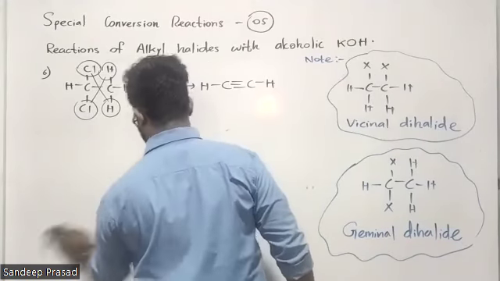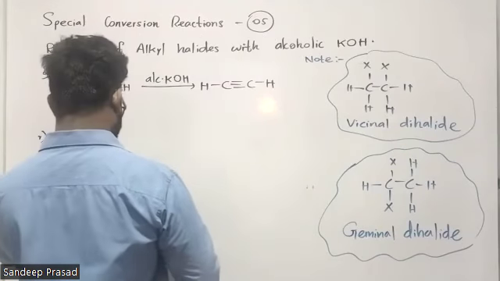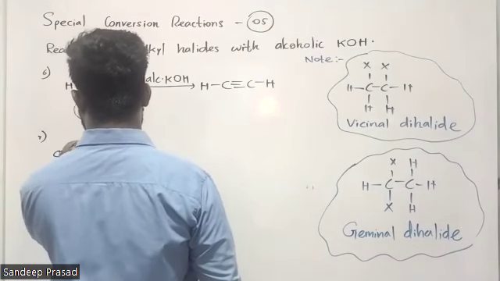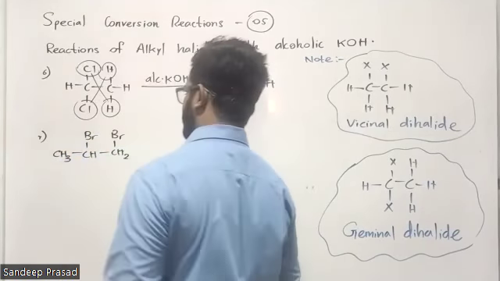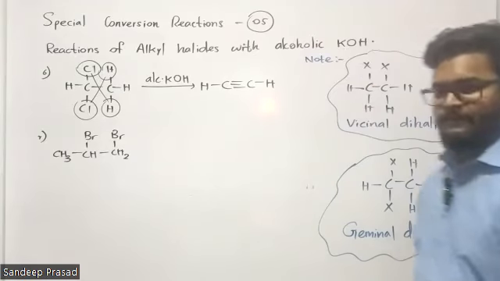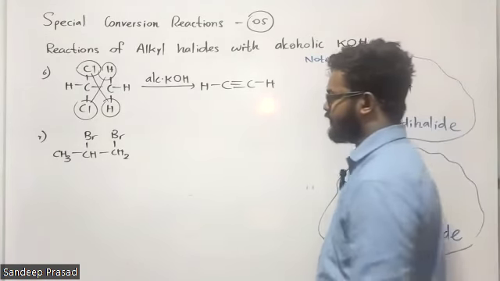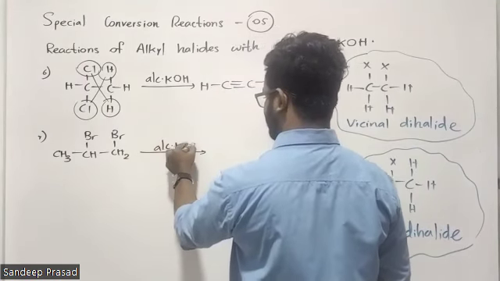Look at the 7th one. So this is dibromo compound. Friends, we are going to add alcoholic KOH.